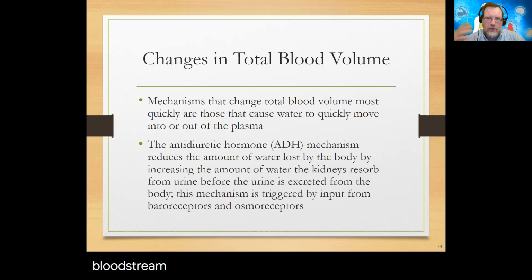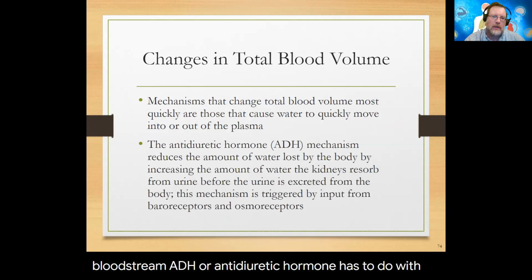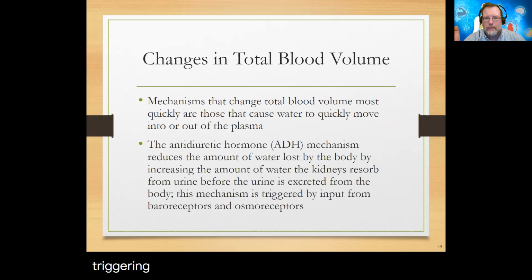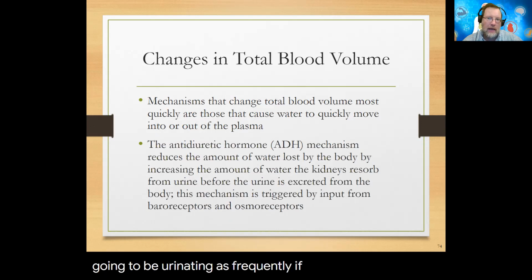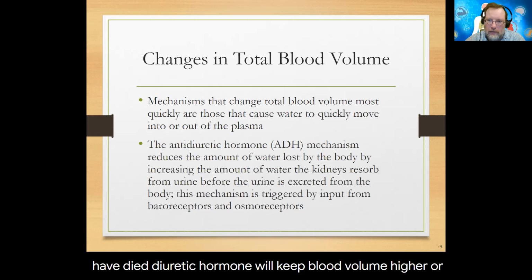ADH, or antidiuretic hormone, triggers more reabsorption of sodium in the kidneys, thus leading to more reabsorption of water in the kidneys. So that can cause an increase in blood volume. I'm not going to be urinating as frequently if I'm dehydrated. So antidiuretic hormone will keep blood volume higher or at the level it needs to be.